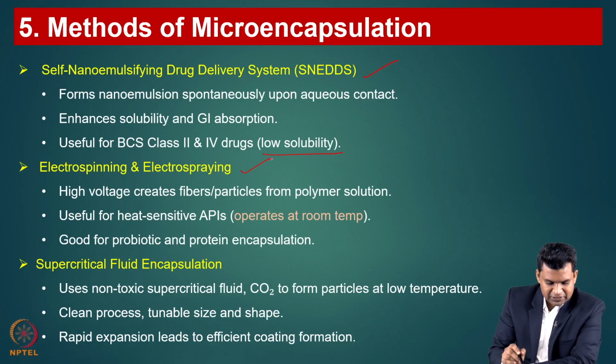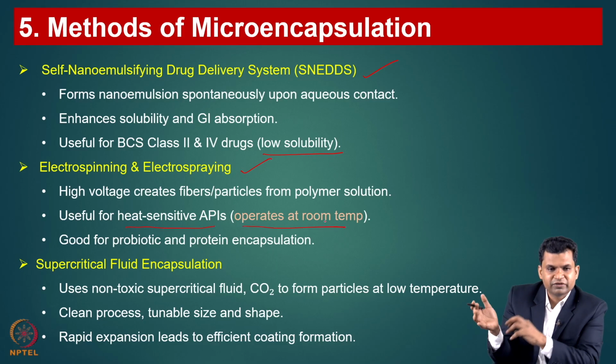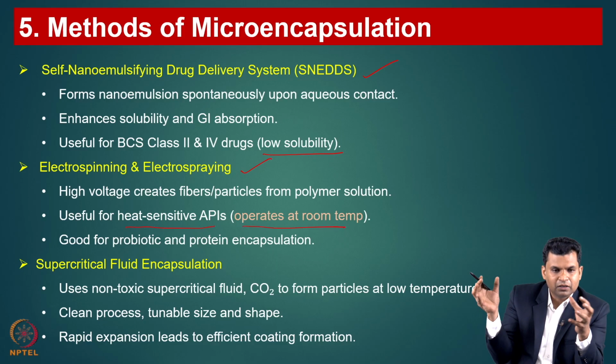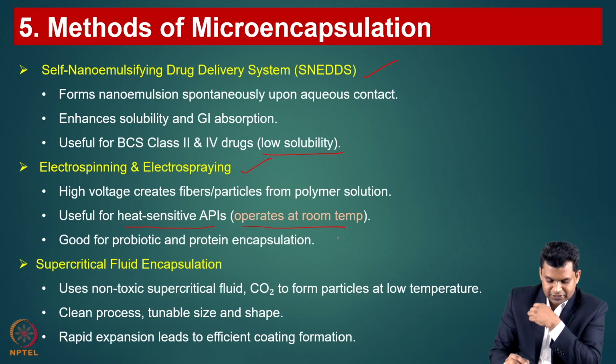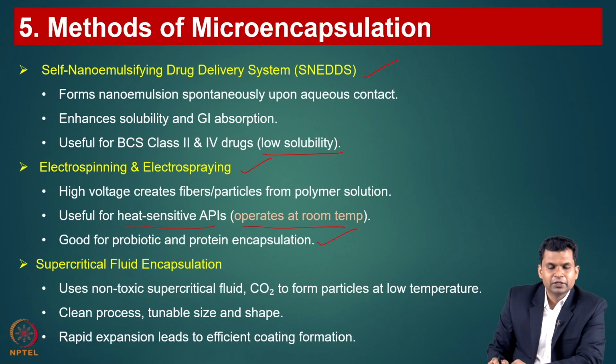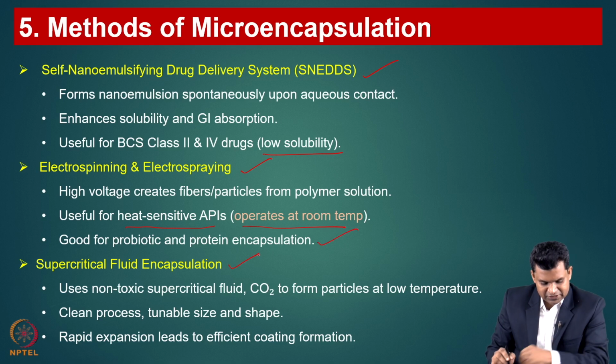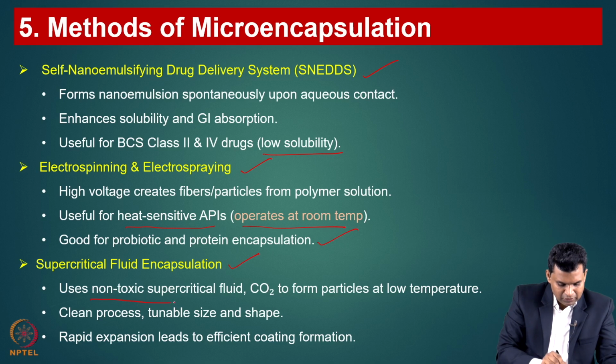Electrospinning and electrospraying is also one of the attractive techniques. Here we can use heat sensitive molecules. Two different polymers we can conjugate or complex, and then we can do the microencapsulation. This is preferable for probiotics and proteins. And supercritical fluid is also a great technique.